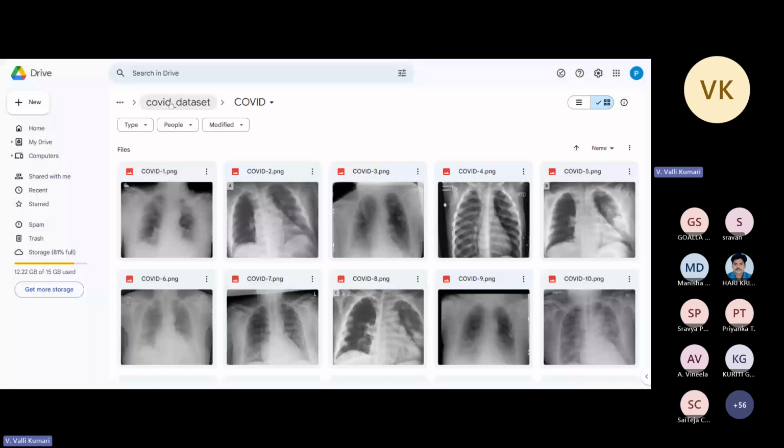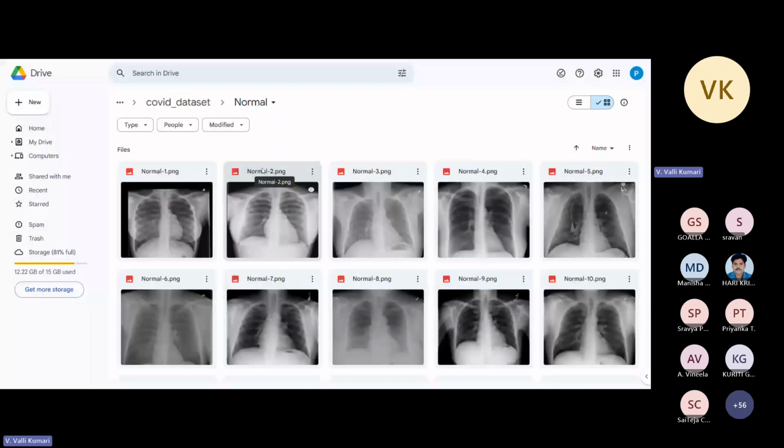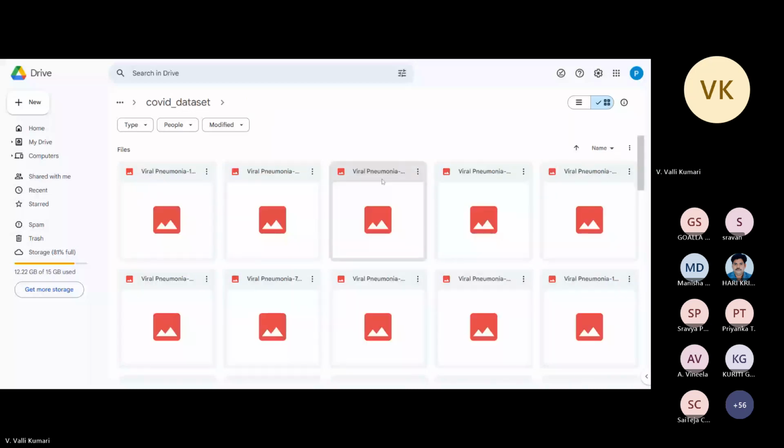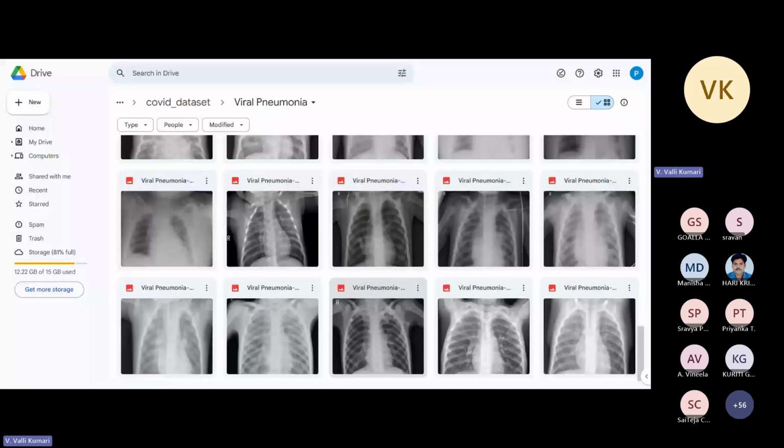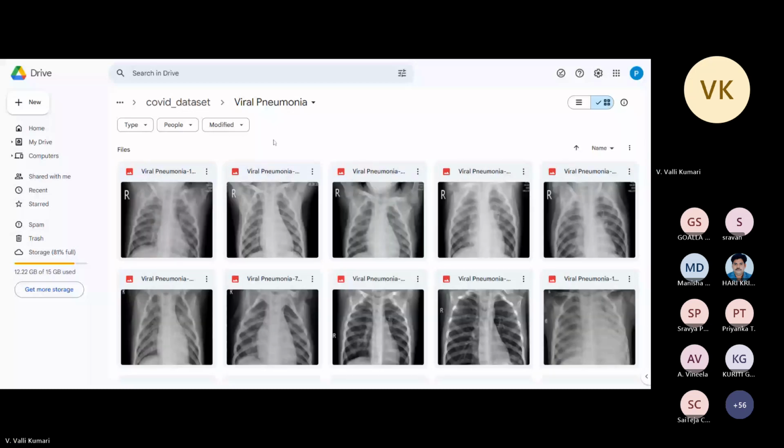These are all the images for normal, and these are labeled as normal. And these are labeled as pneumonia. So this is the data set. I'll tell you how to process these images and train a model. So these are the 3 folders.